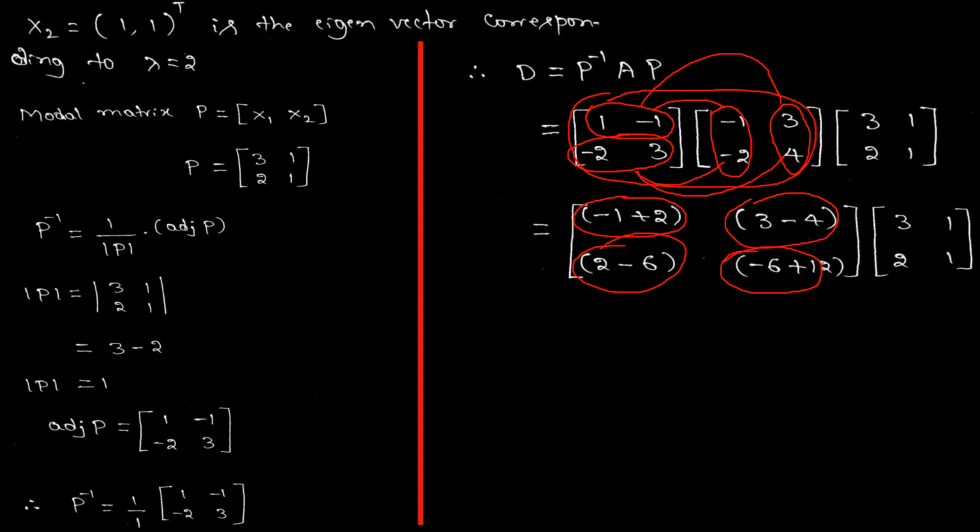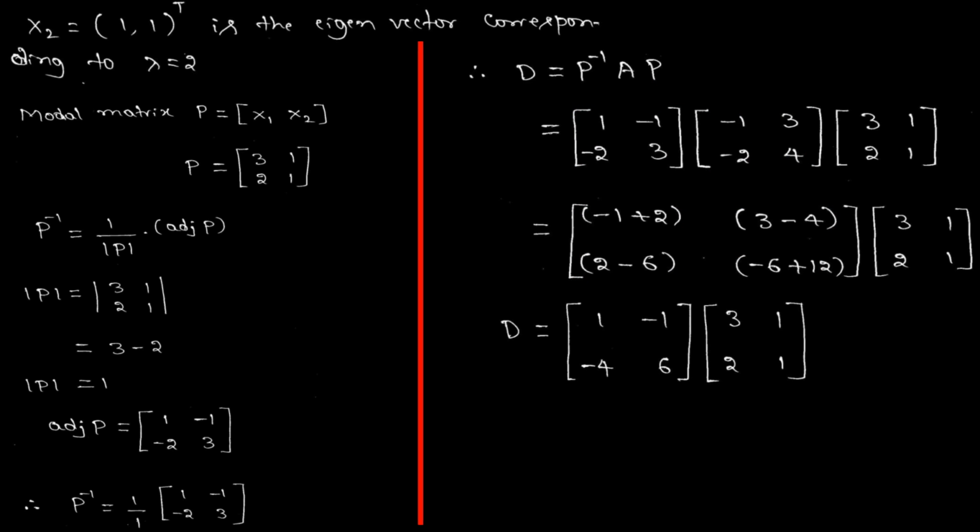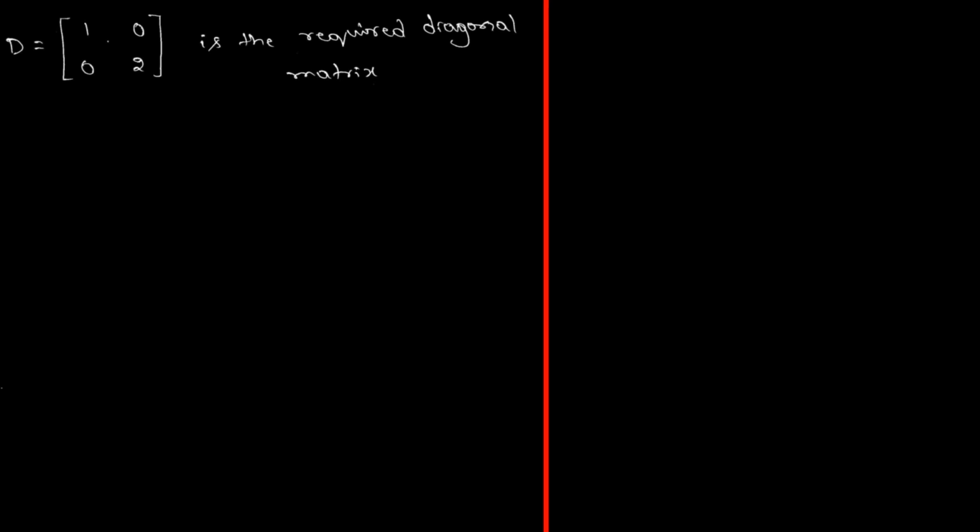Now let us simplify this. Similarly, if we multiply these two matrices, you will get these entries, whose simplification will give this as the final diagonal matrix. You can observe here, except the diagonal entries, all other entries are zeros.